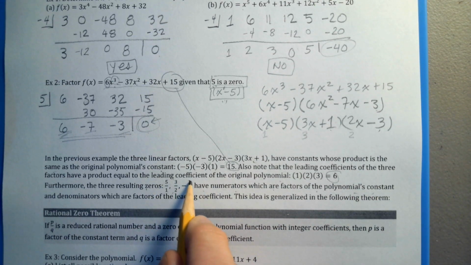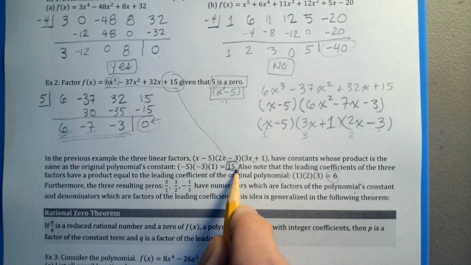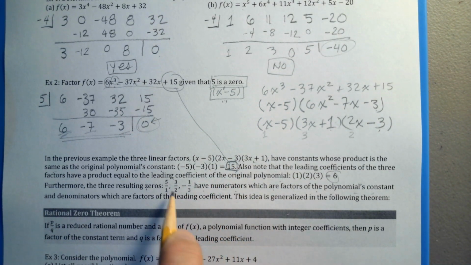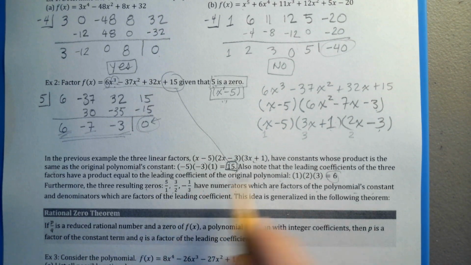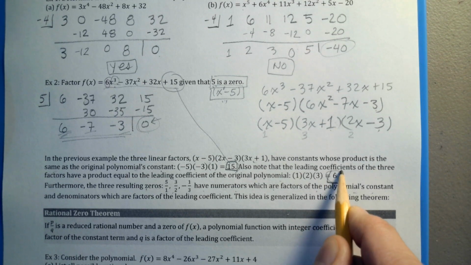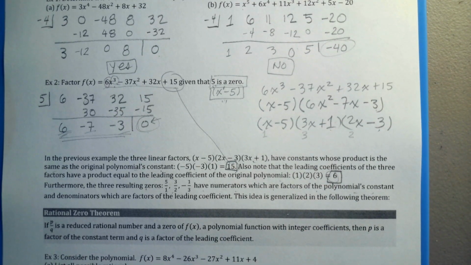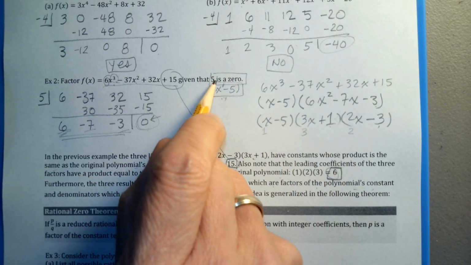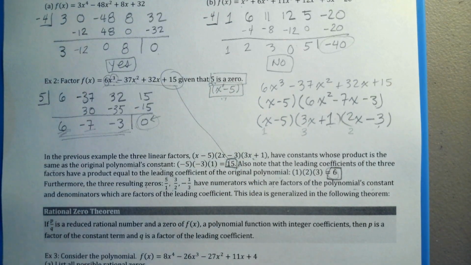So the numerators of these fractions, 5, 3, and 1, are factors of the constant, 15, and the denominators are all factors of the leading coefficient of the original, 6.